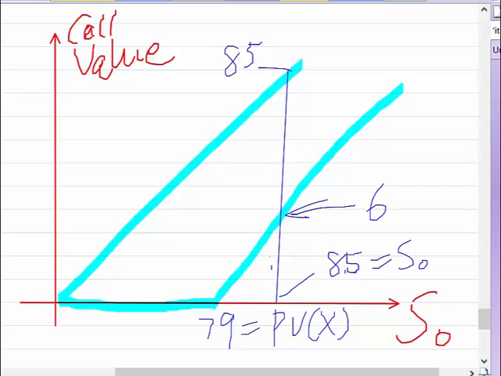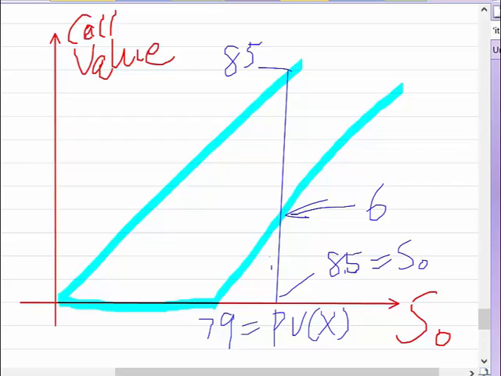It has this price range. It should be below $85 and above $6. That's the upper bound and lower bound for a particular call option.